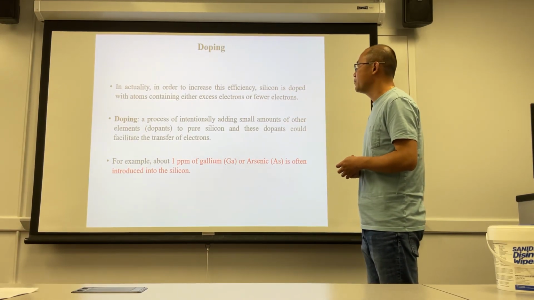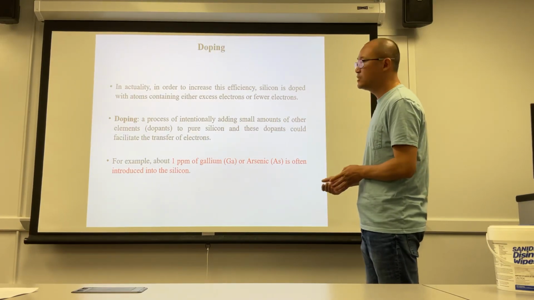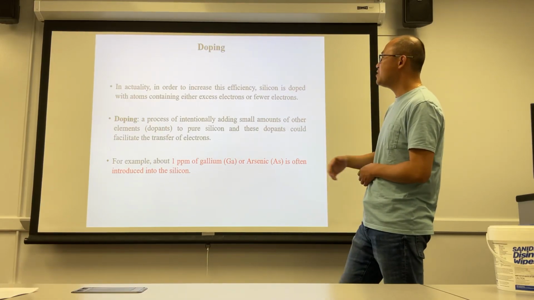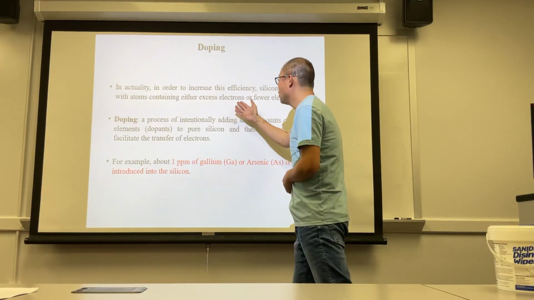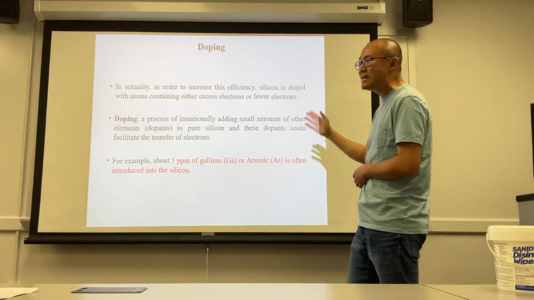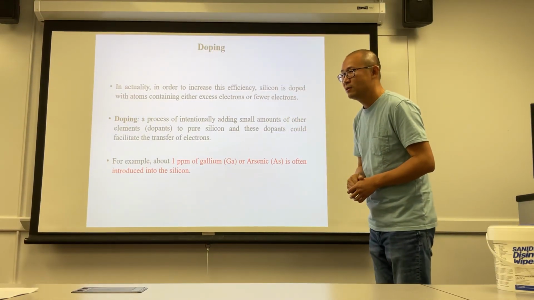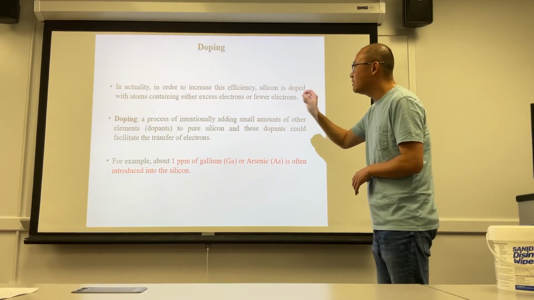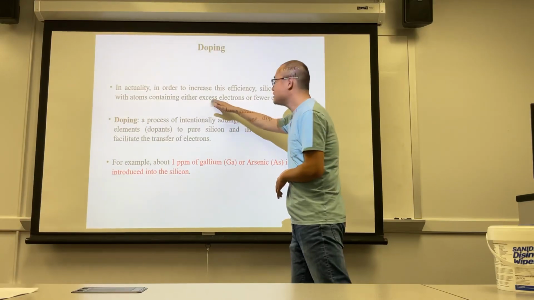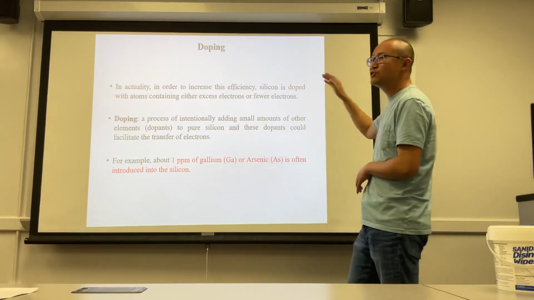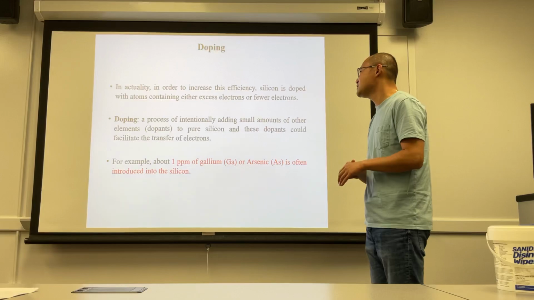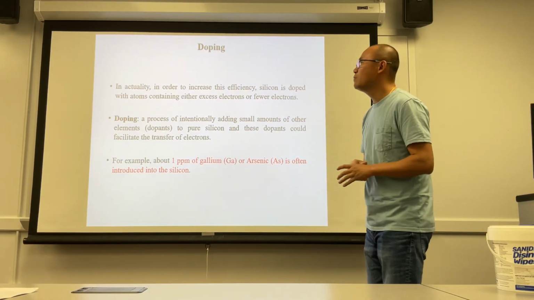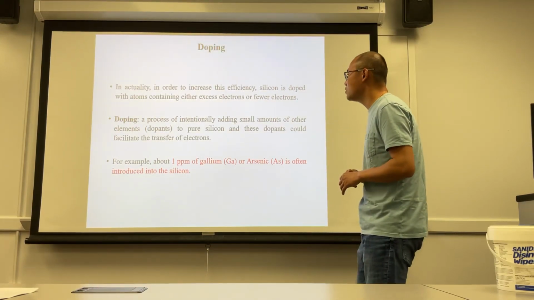What doping does is add atoms with either excess electrons or fewer electrons into the silicon layer. We add a tiny amount of atoms containing excess electrons or fewer electrons to the silicon layer. This process will make electrons flow much easier than in pure silicon.